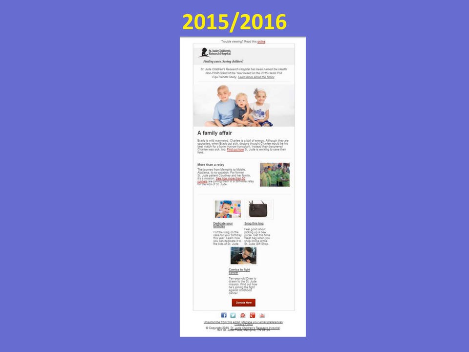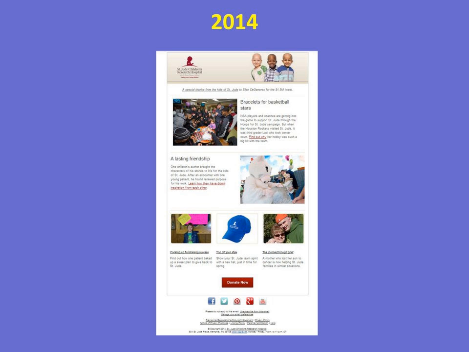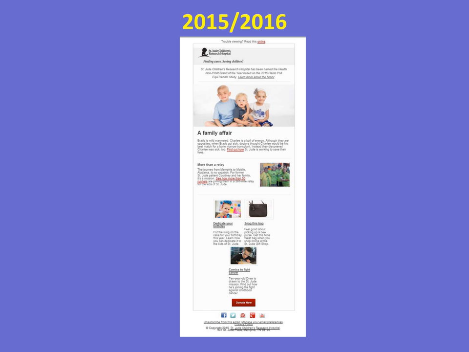Okay, so this is what they then changed it to in 2015 to 2016. So what do we see here? Again, this is their current layout versus the 2014 layout. Kind of that big single image at top that draws your eyes in right away, and it trails down below. Yeah. And again, it's really moving to single column.